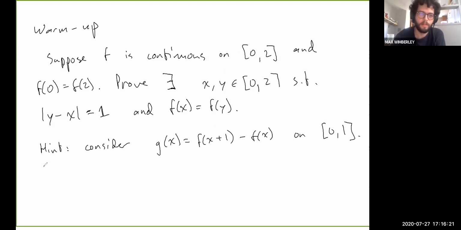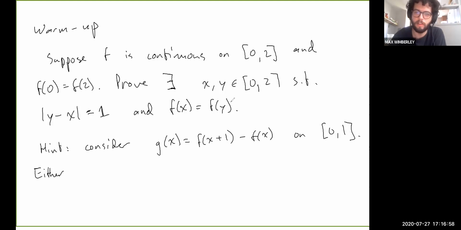So the idea is, either, basically you want to apply the intermediate value theorem to G using x equals 0 and x equals 1, right? Because if, for example, G was positive at x equals 0 and negative at x equals 1, then there would have to be a place where G was 0 in between.